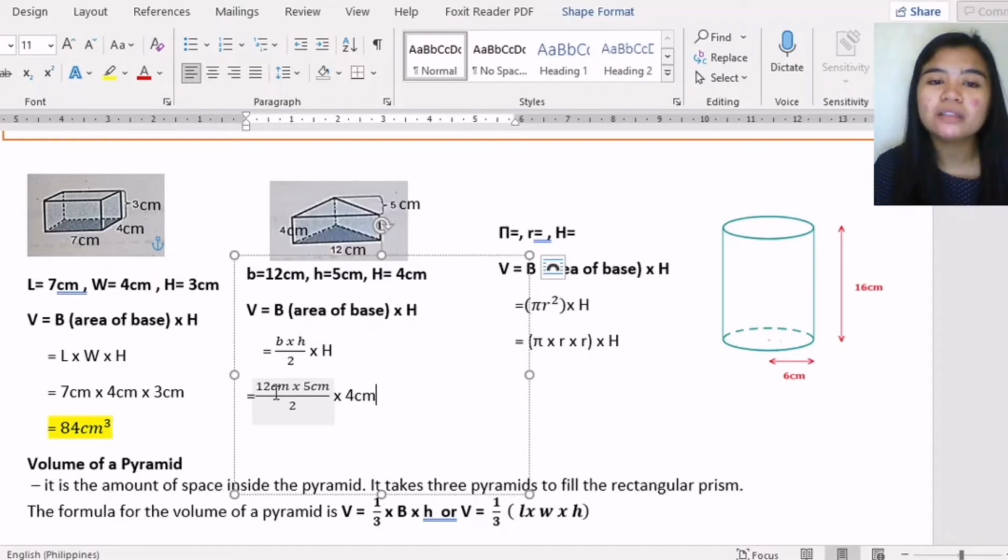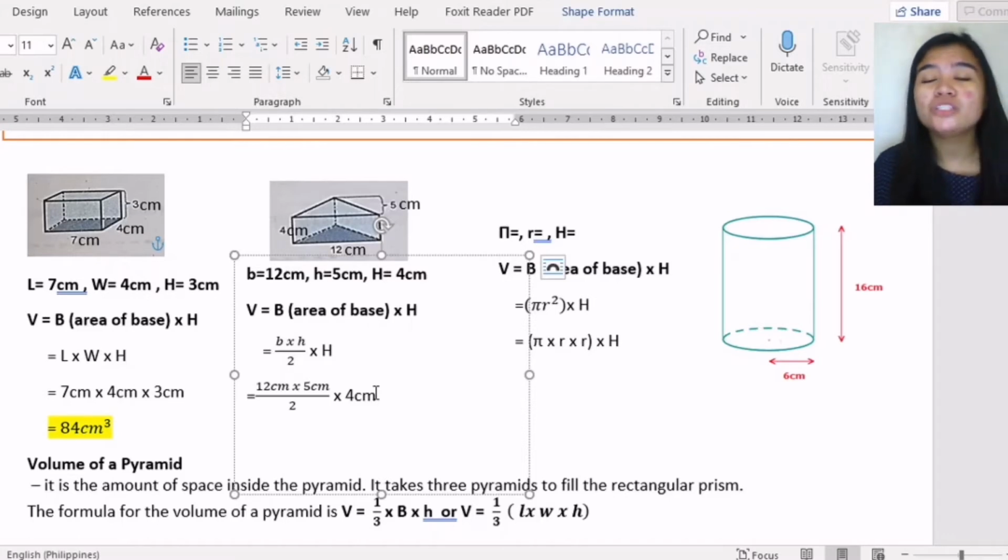So, yung 12 cm, that is our B or the base. And then, our 5 cm here is our h or the height of the base, and then yung malaking h dito, that is the height of the solid figure or this prism, the triangular prism. Okay po? Huwag kayong malilito kung bakit dalawa yung h, okay?